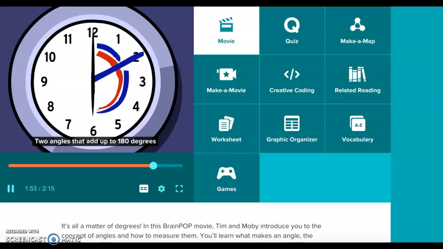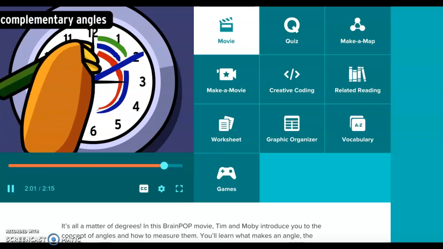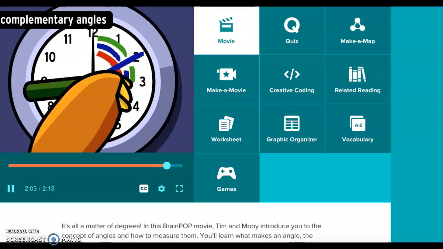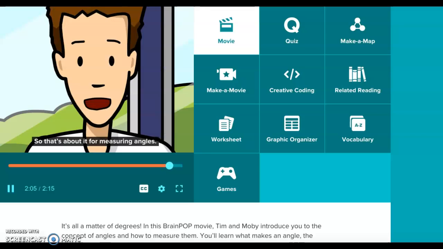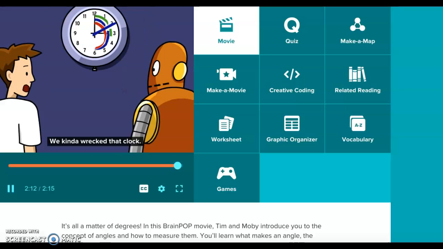Two angles that add up to 180 degrees are called supplementary angles. Two angles that add up to 90 degrees are called complementary angles. So that's about it for measuring angles. We kind of wrecked that clock.